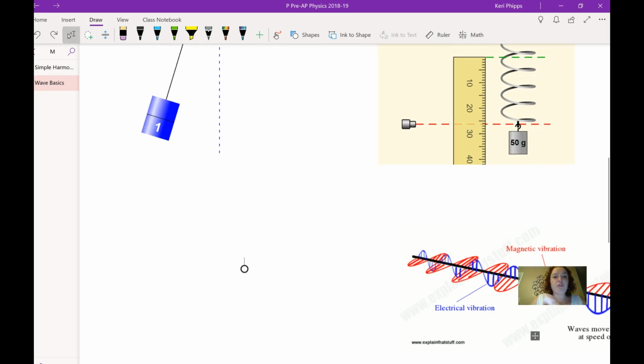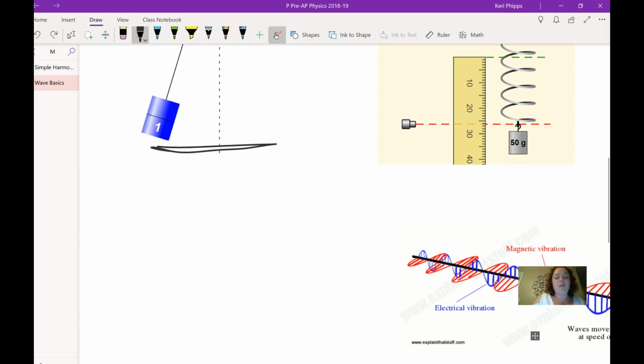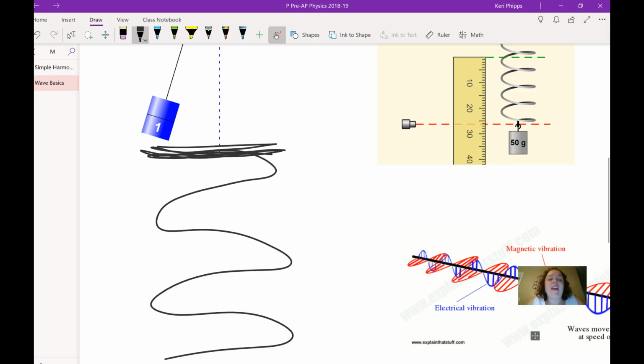Let me try this one again really quickly. This is what the pendulum is doing, back and forth, and then I start stretching it out over time. It's a little bit better. You can see that's how the wave happens. So that's how simple harmonic motion and waves are linked. If you take the motion and stretch it out over time, you get a wave.